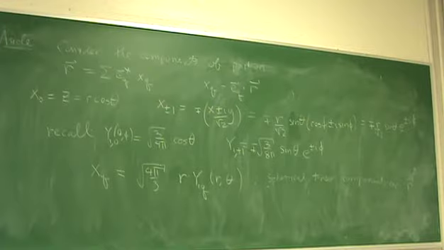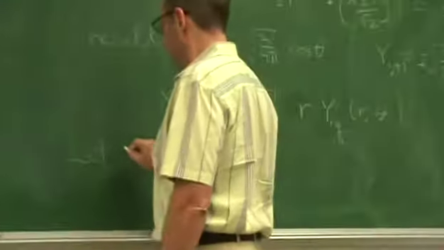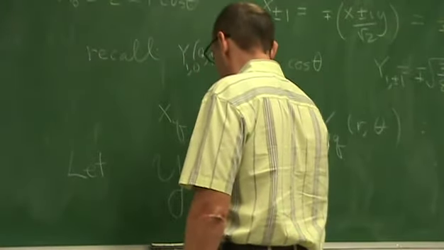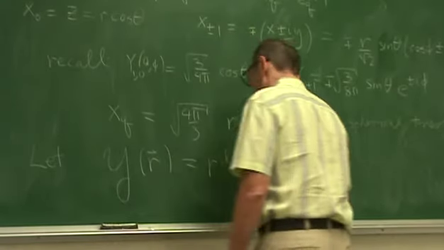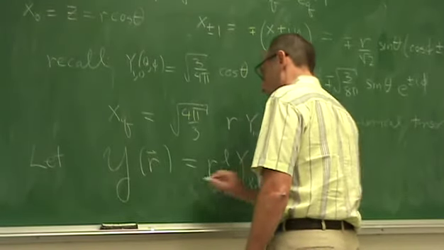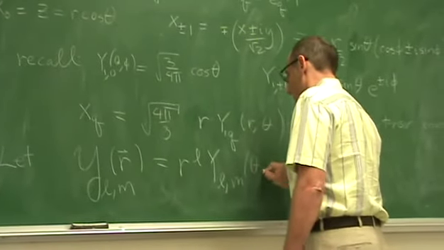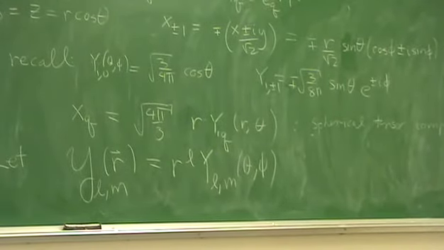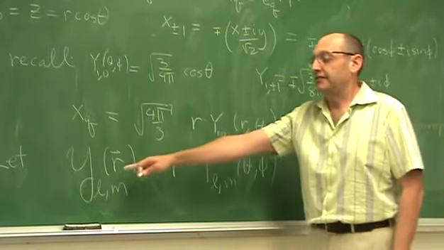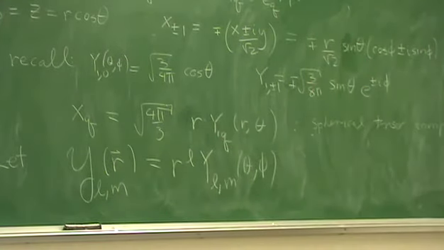From this, we define the following. Let this object be a function of x, y, and z, or equivalently a function of r, theta, and phi.